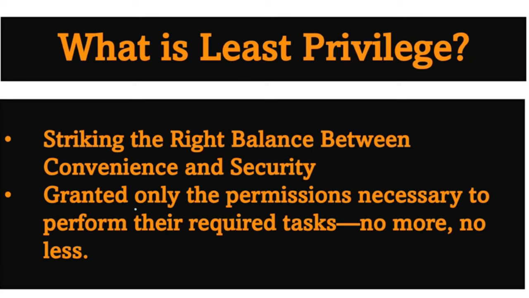Least privilege is where users, applications, and systems are given only the minimum, only the necessary access they need to perform their jobs, and nothing more than that. We are only giving them the permissions required to complete their task. No more, no less. Because of this, it reduces security risks while also maintaining productivity.